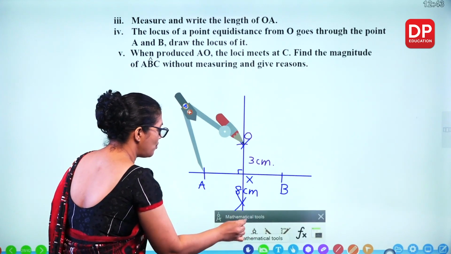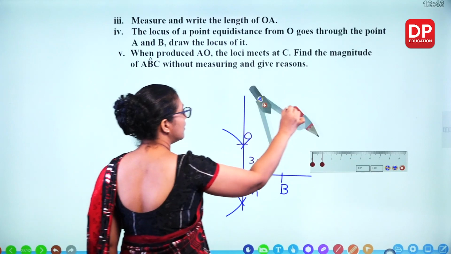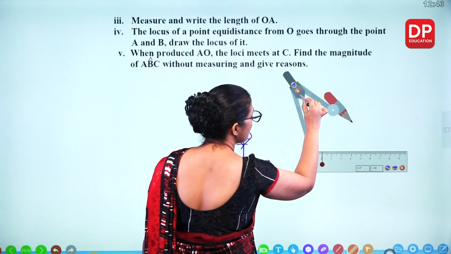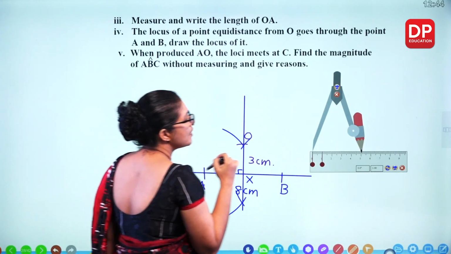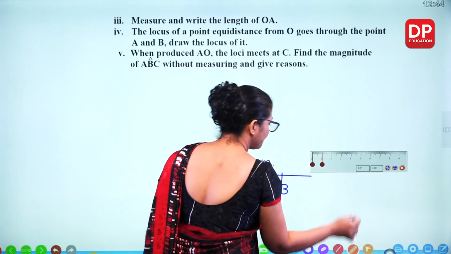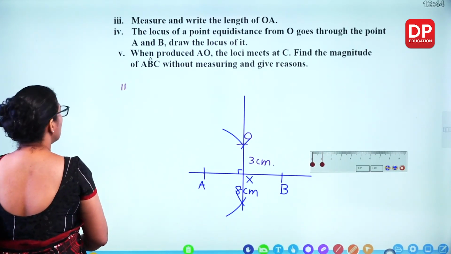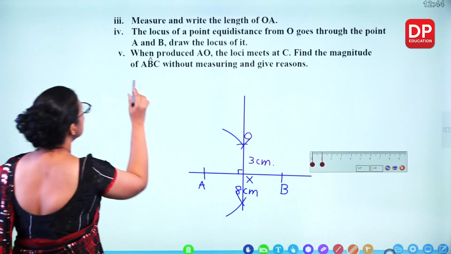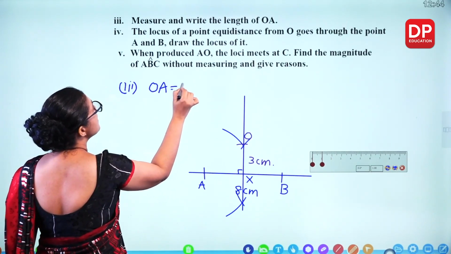And you can take the ruler and measure it. Five centimeters. So you can write OA is 5 centimeters.